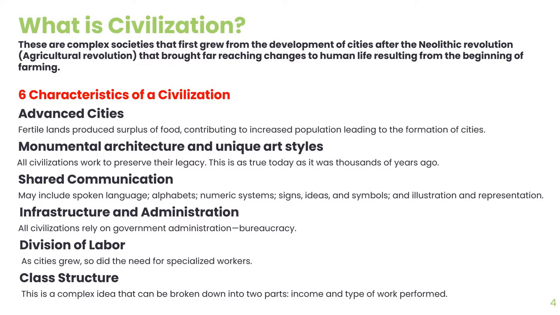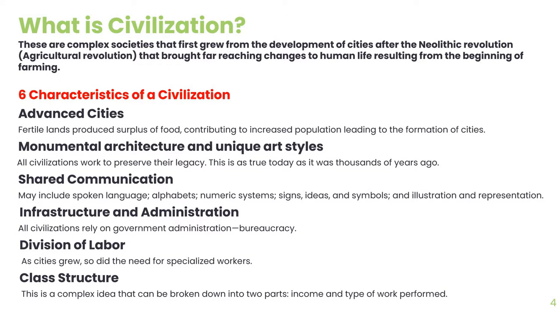Okay, unang-unang dyan ang advanced cities. So dahil nga fertile ang lupain mo, you can produce a lot of food, and with that surplus of food, dadami ang tao, which can lead to the formation of cities.